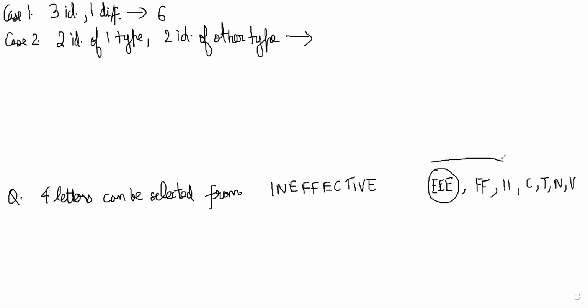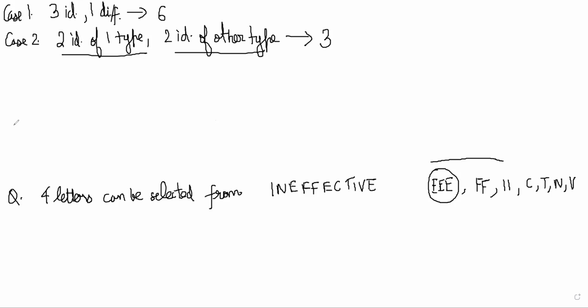Basically, you have to select two out of these three types, and select two of each. So that will be done in 3 ways. You can do either EEFF or EEII or FFII.